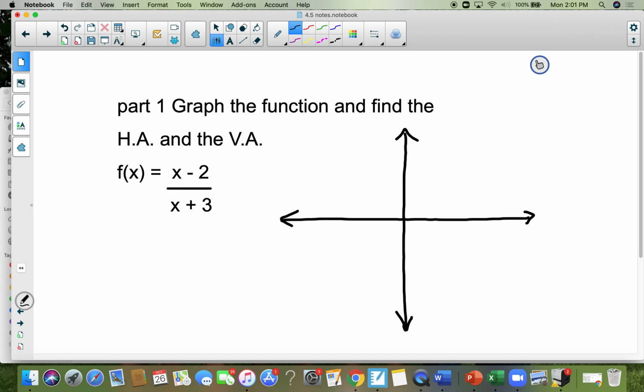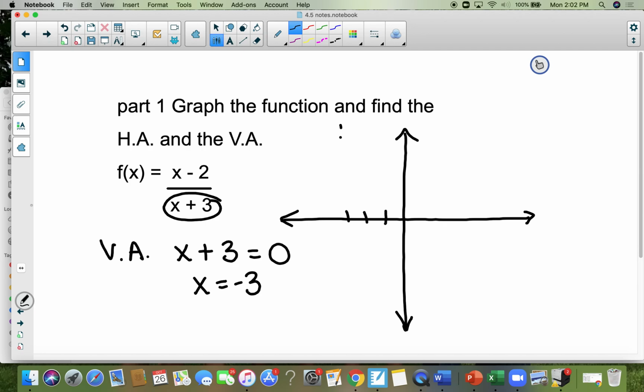In order to find the vertical asymptote, all you do is take x plus 3 and set it equal to 0. So x is equal to negative 3. That's called the vertical asymptote. It's where the denominator can't equal 0. If I put a negative 3 back up there, it's going to be 0. So you have a vertical asymptote at x equals negative 3.